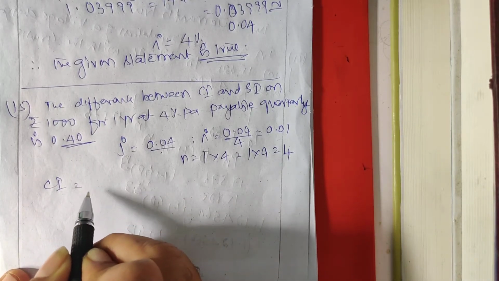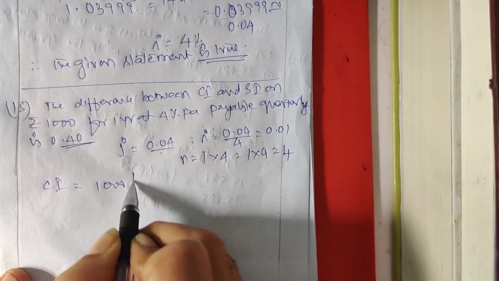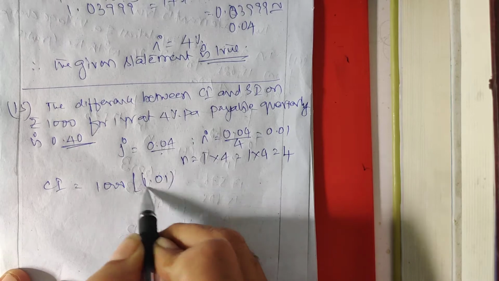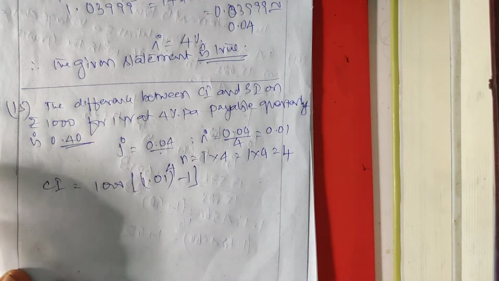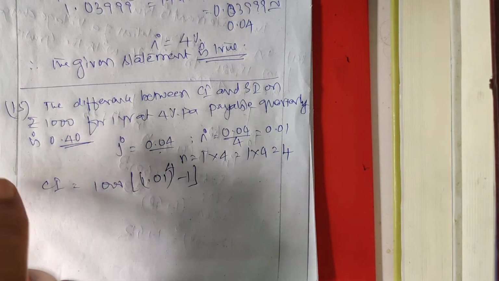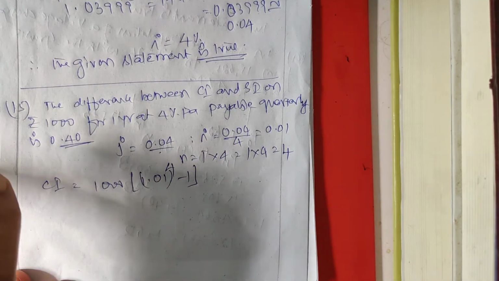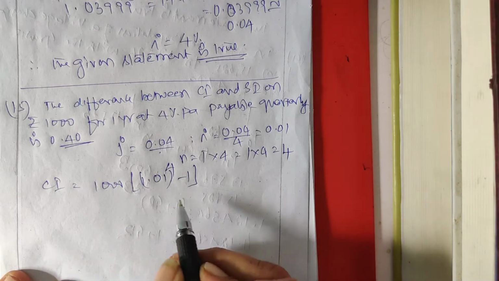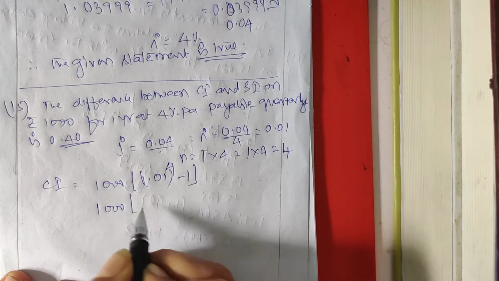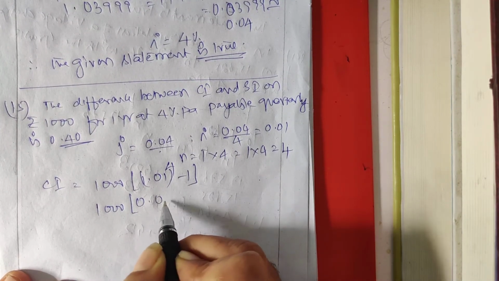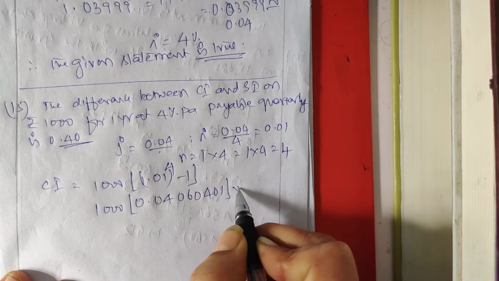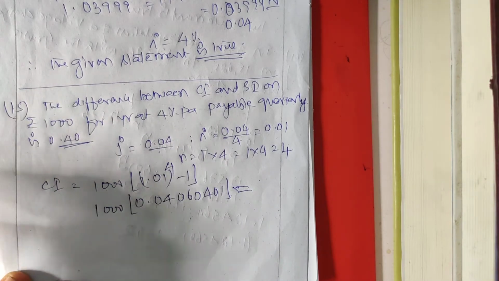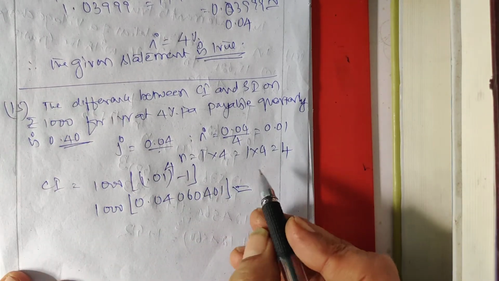So compound interest is equal to 1000 into (1.01 to the power of 4 minus 1), which is 1000 into 0.04060401, which is 40.60.